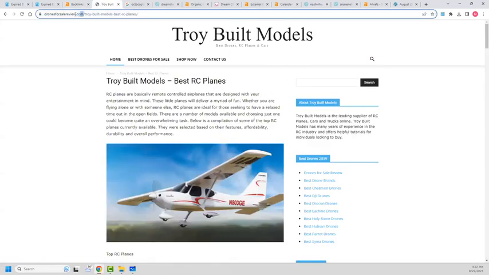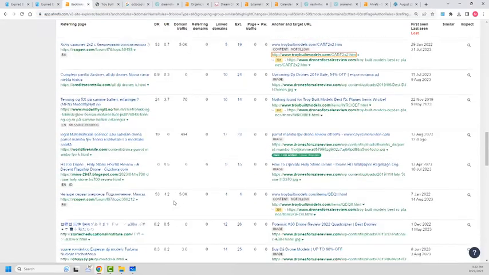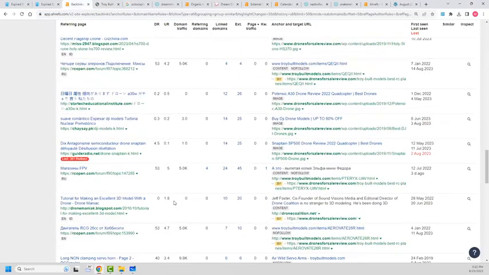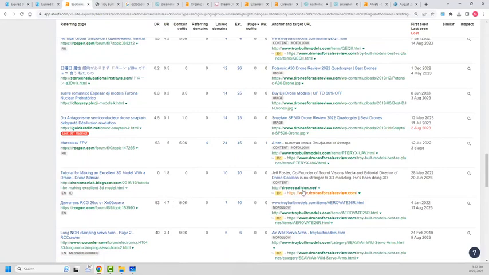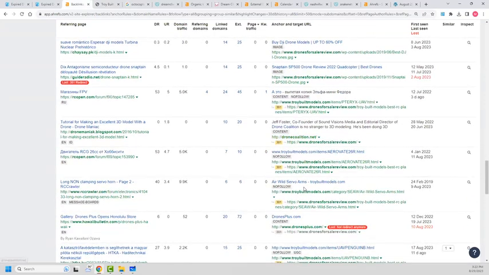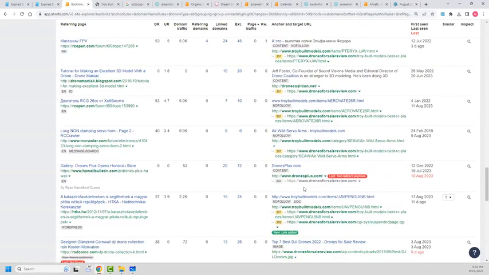And it actually has that site on Drones for Sale Review. Interesting. Those are some strikes where I'd be like, okay, that's going to lower the value of the domain. DroneCoalition.net. So to me, this looks like an artificially inflated domain. Does everyone see that? Type fake out if you see that.